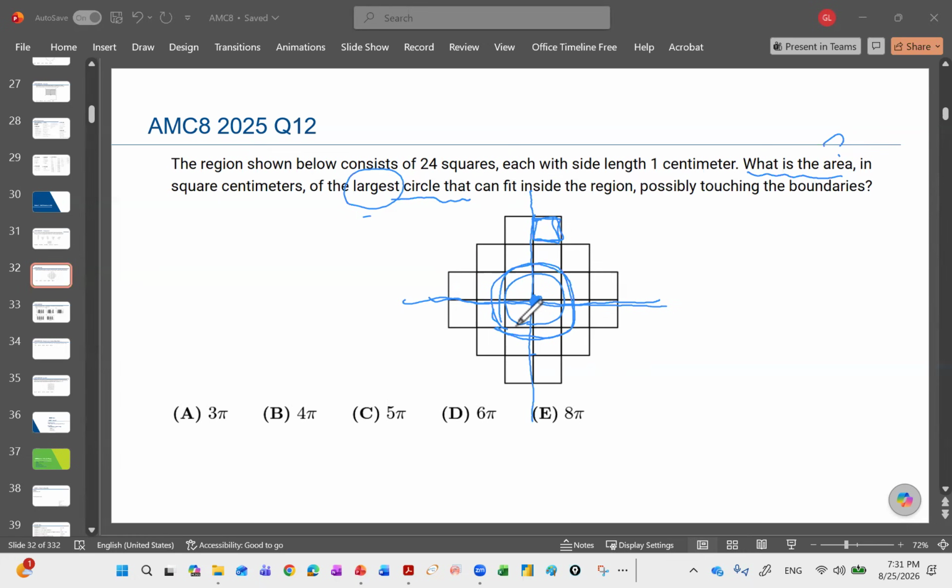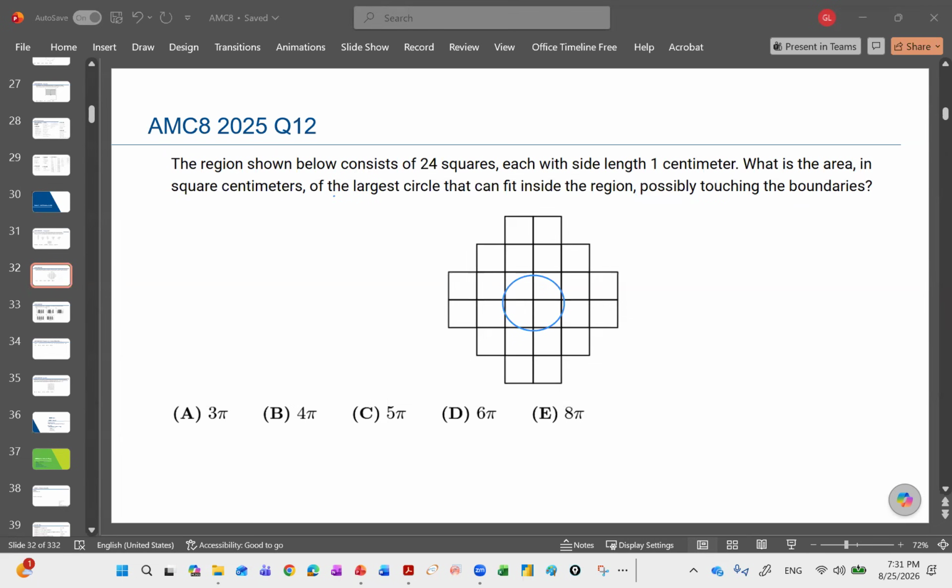I didn't draw it perfectly, but I can use some tools to make it better. You can draw a lot of circles inside, possibly touching the boundaries. The boundary, possibly touching the boundary.